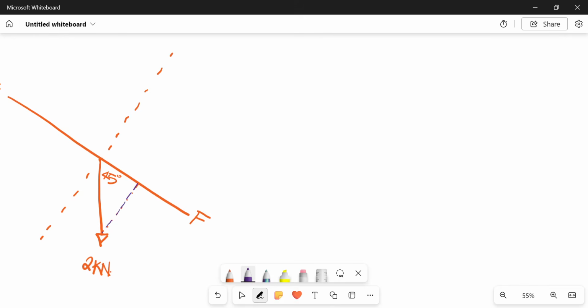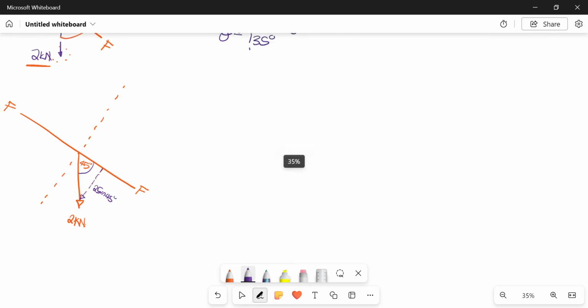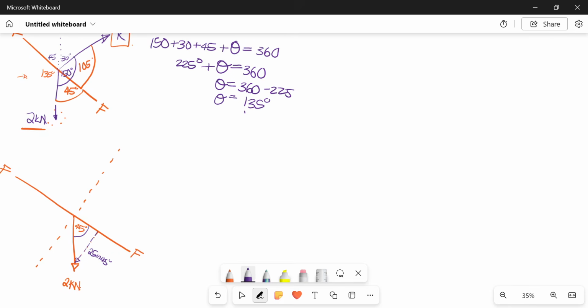And since the 2 kilonewton is pulling away, the perpendicular component can also pull away. Okay. And if we have our angle of 45 on here, this line is opposite. It already tells us this will essentially be the sine component. So this will be 2 sine 45. We only need the perpendicular ones. Don't pay attention to the cos ones for now. Don't pay attention to the parallel ones for now.